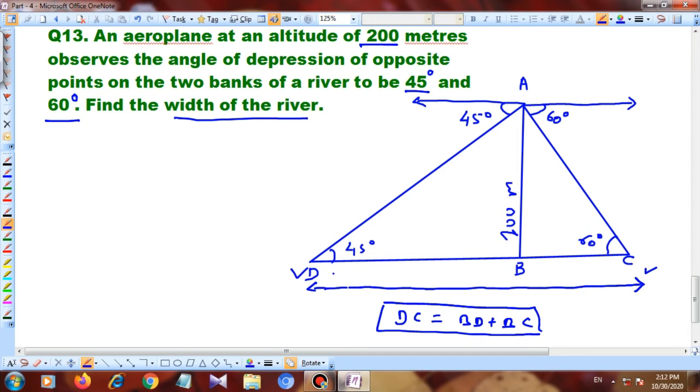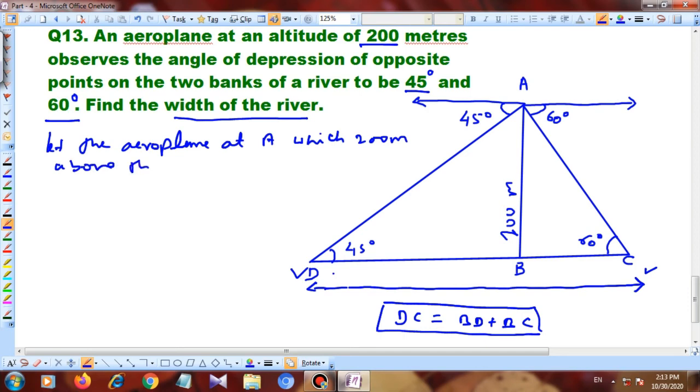Clear? So our statement will be, let the aeroplane at A, which is 200 meter above the ground, and the depressions at D and C respectively, 45 degree and 60 degree.